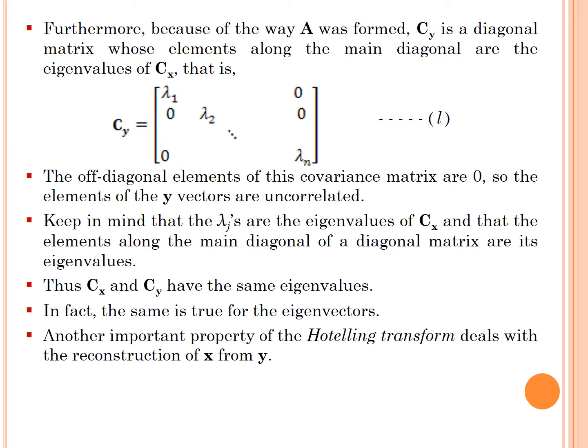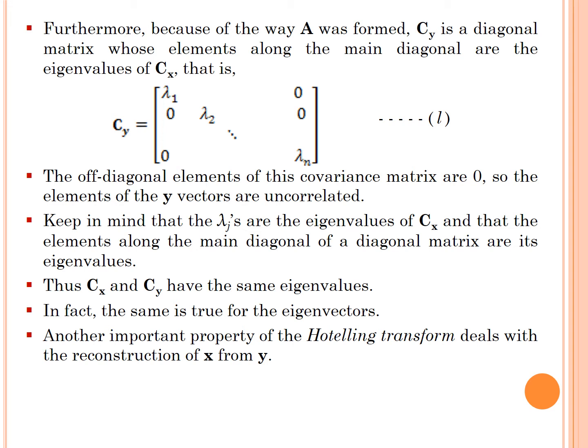Furthermore, because of the way A was formed, C_y is a diagonal matrix whose elements along the main diagonal are the eigenvalues of C_x, as shown here in equation L. The off-diagonal elements of this covariance matrix are 0, so the elements of the y vectors are uncorrelated.